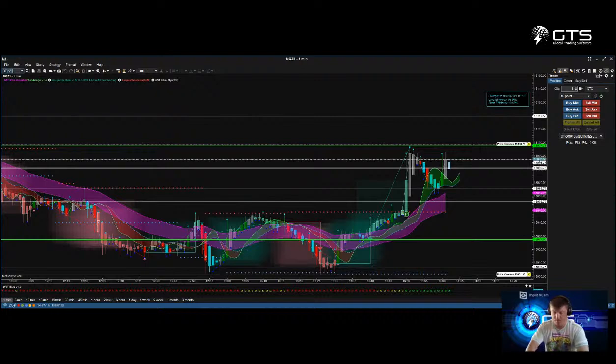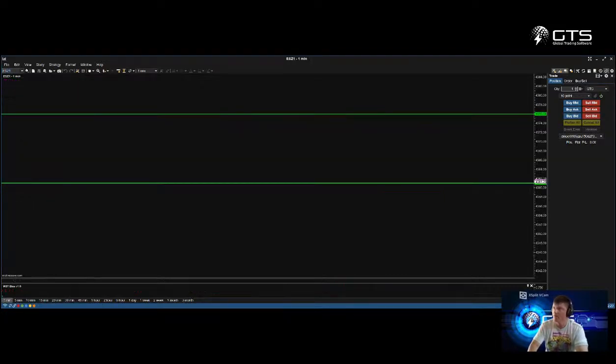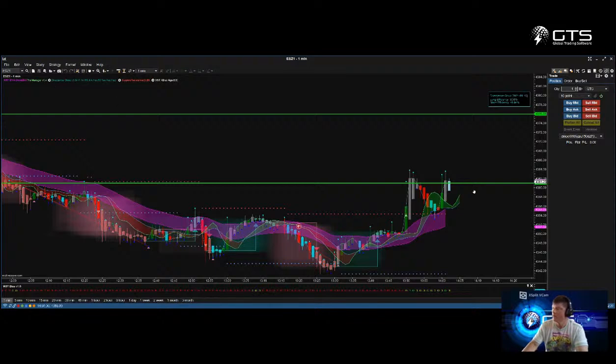So, I mean, like all the indexes are looking almost the exact same. Let's see here. Except for this one. This one's still struggling to get back up into this zone right here, this range.